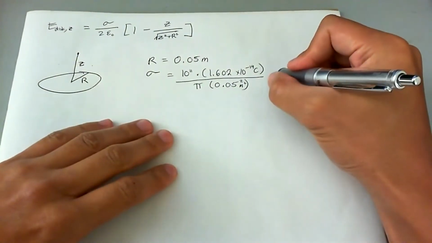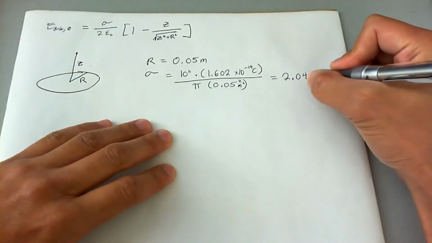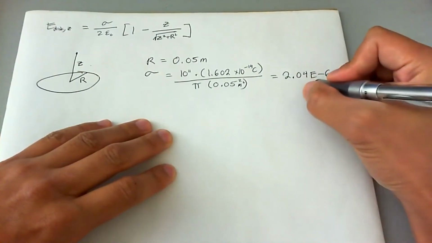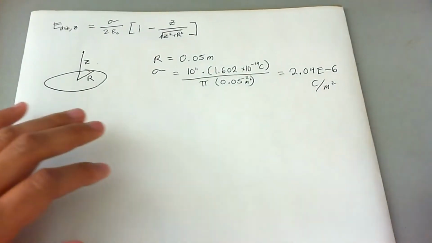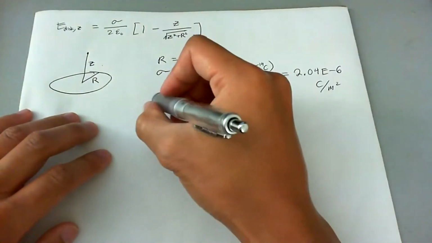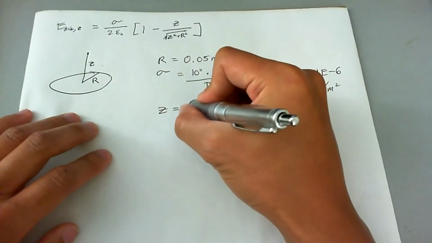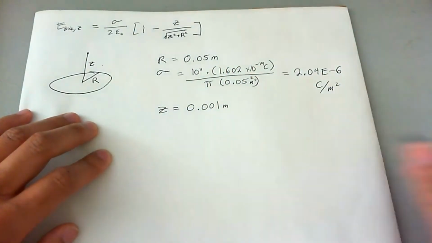Calculating this ends up being 2.04, and I'm going to just put the E notation, -6, and it's going to be coulombs per meters squared, and that's the units. The distance above the disk is stated in the problem as 1 millimeter, so that is the same as 0.001 meters.